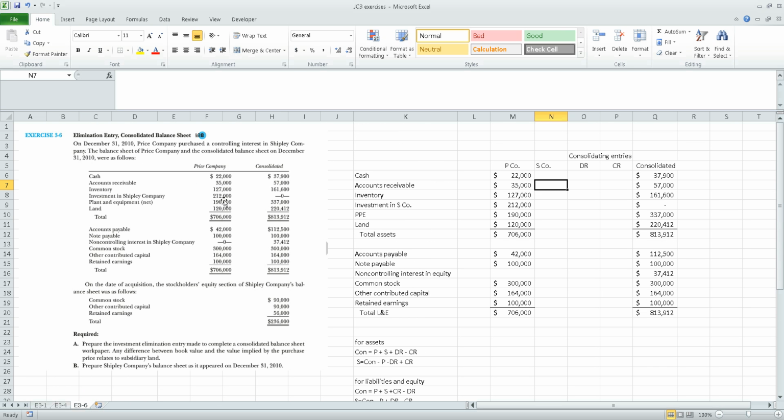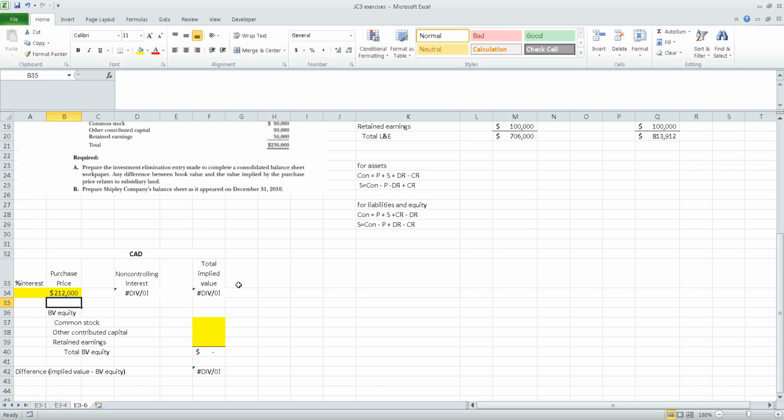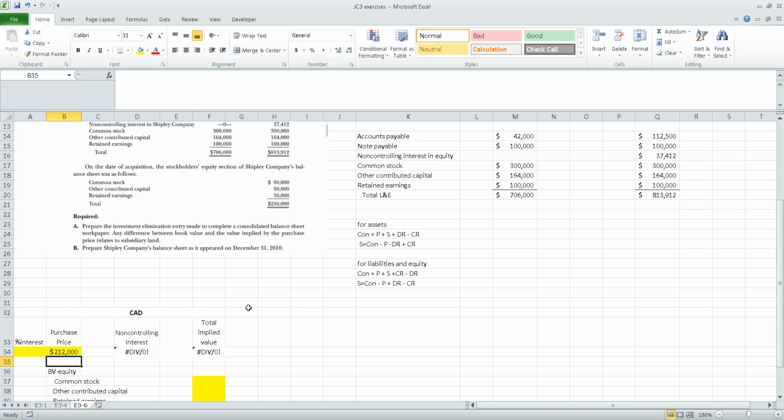So it looks like P Company paid $212,000 to buy the shares of stock from Shipley Company. So we can go ahead and drop that in here as the purchase price. Now, we can't go the normal route and divide the purchase price by the percentage shares bought in order to get the total implied value of the sub, because we don't know what percentage of interest was purchased.